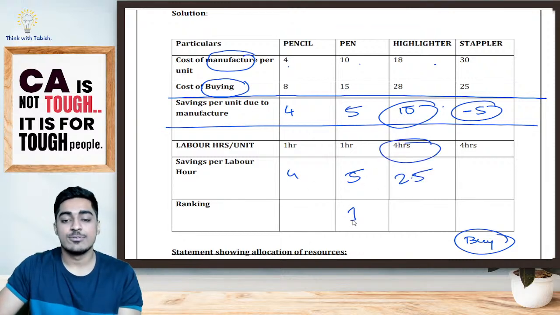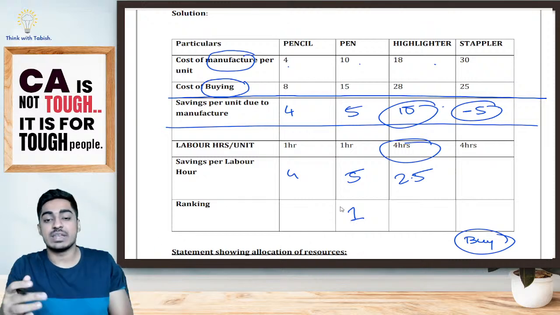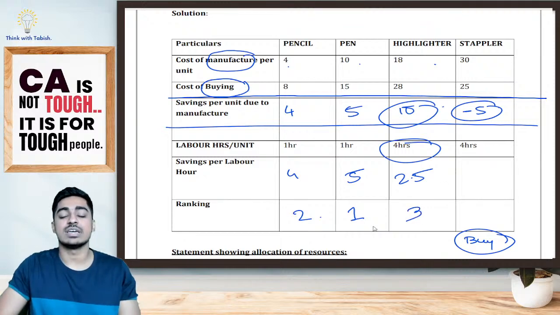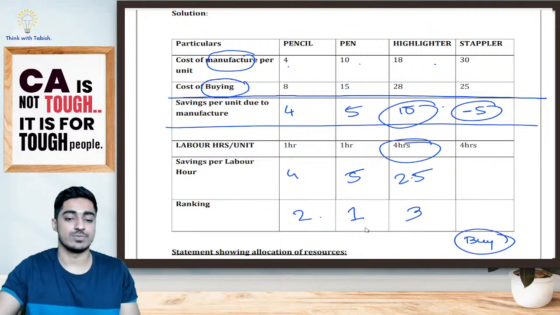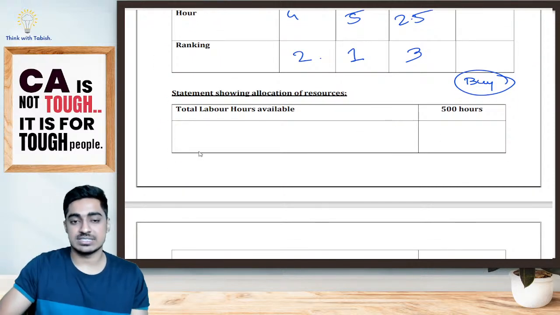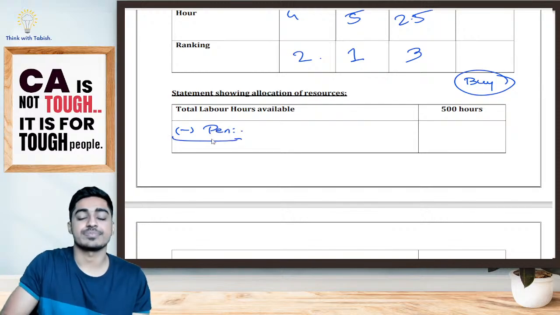What is the ranking? First, whatever labor hours are there, first we will produce pen. Next, if more time is there, produce pencil. If more time is there, produce highlighter. And stapler, anyway, we are buying from outside. Total 500 hours is there. First, what will we produce? We will produce pen.